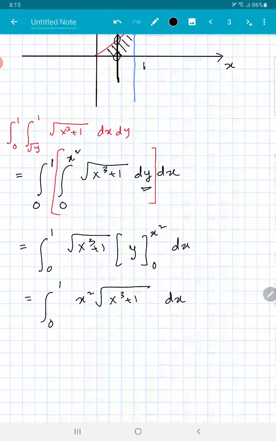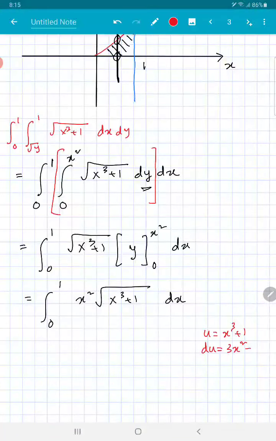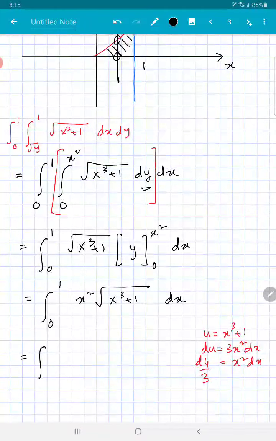Here we can use the substitution method. We can let u be x cubed plus 1, and from there du is going to be 3x squared dx. So x squared dx is du over 3. Now replacing x cubed plus 1 with u, we have the square root of u, and x squared dx is replaced by du over 3.